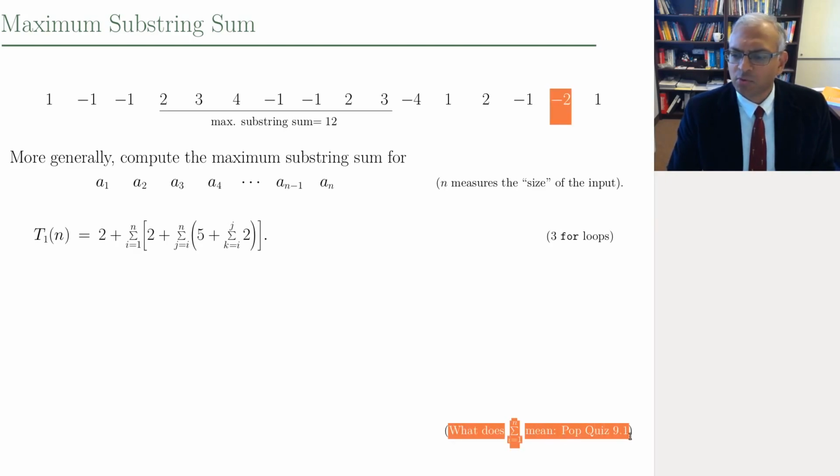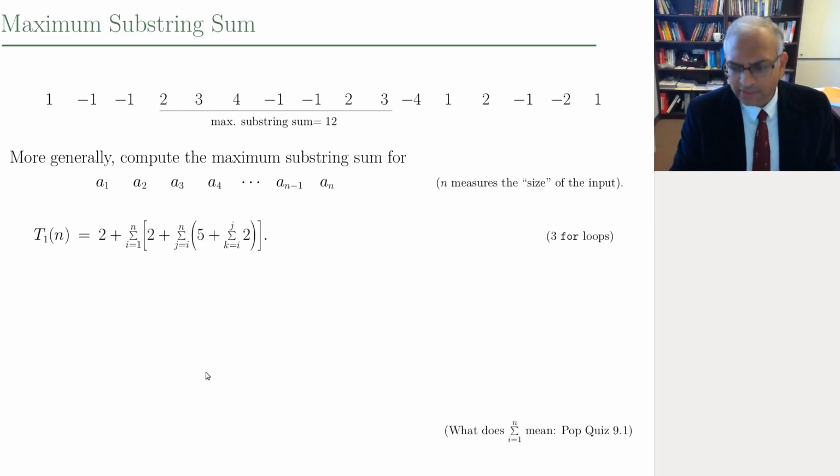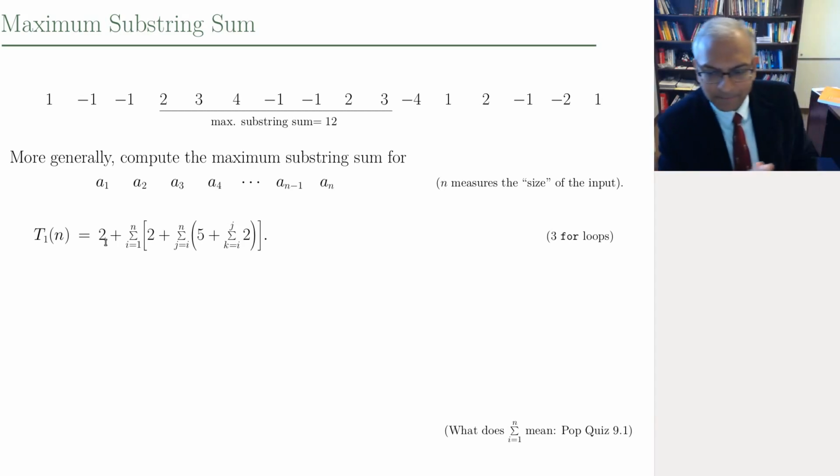Okay, so Pop Quiz 9.1 in the text is going to give you a lot of practice with that. So look carefully at Pop Quiz 9.1. Do it. Okay, we'll touch on what exactly that means when we start discussing how to compute sums. Okay, but the point is that the running time of the algorithm with 3 for loops is expressed as a sum, in particular as a nested sum.